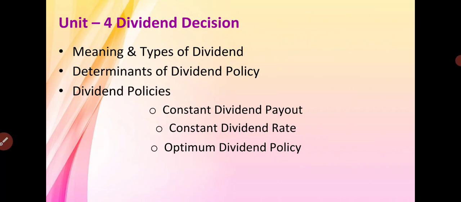Then the last unit is dividend decision. Dividend decision means when the company takes the decision for the payment of dividend to its shareholders. In that, we are going to study the meaning and types of dividend.